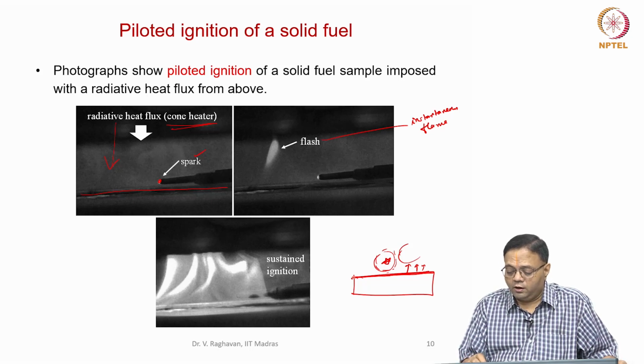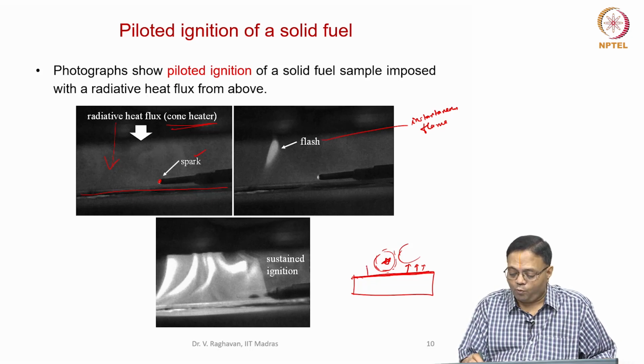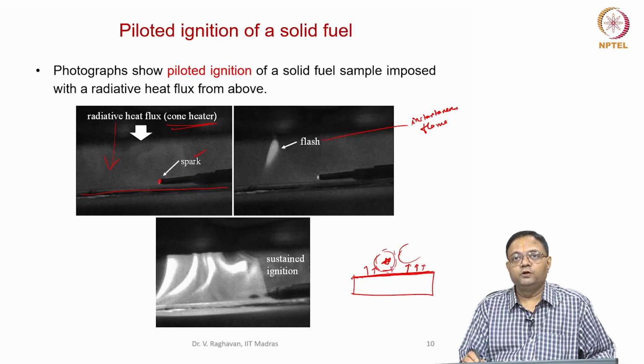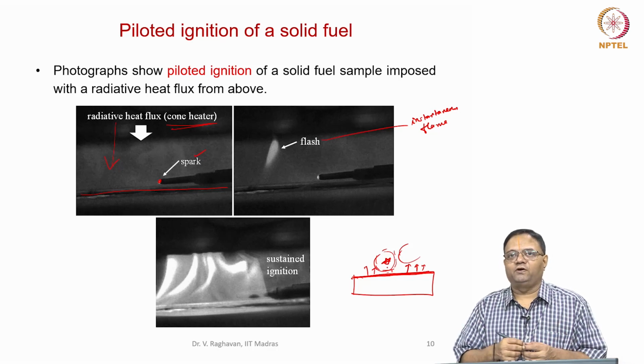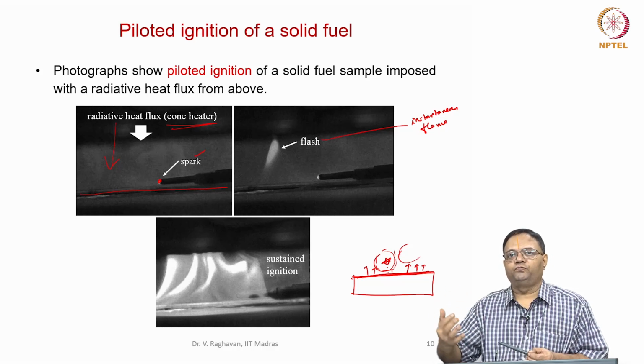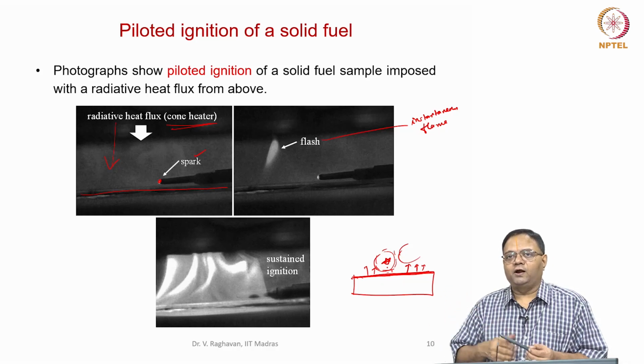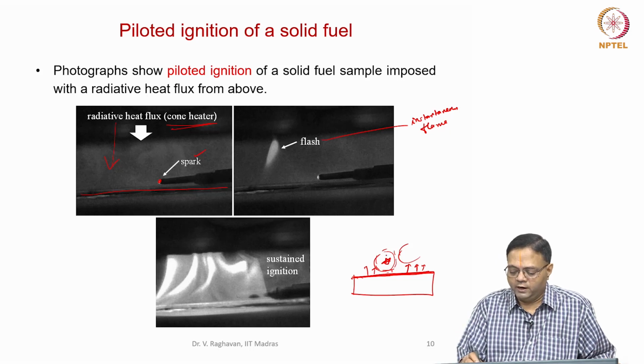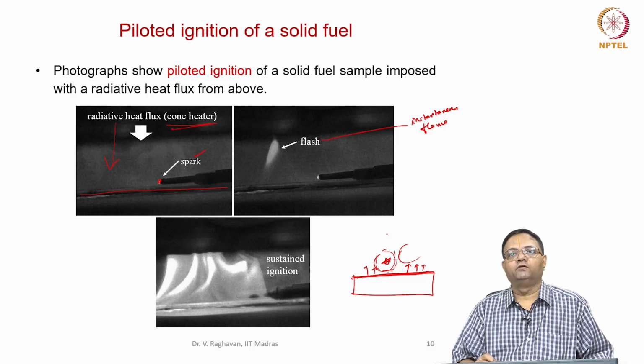Now, more and more rise in the surface temperature will cause more and more volatiles to be released. The volatile release will start, for example for wood, at 350 degrees centigrade, but when you increase the temperature to 500 etc., more and more heat up will happen and more and more volatiles will be released.